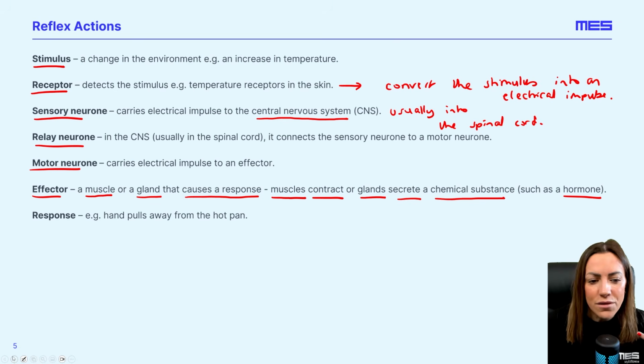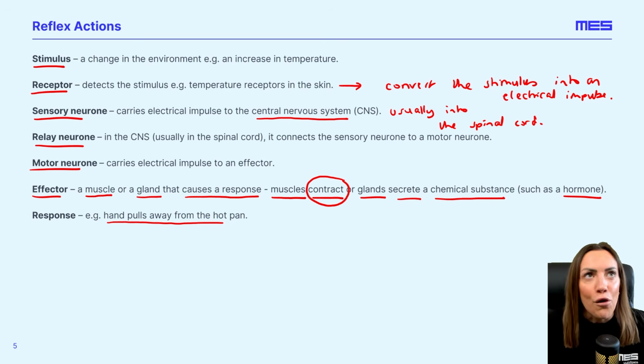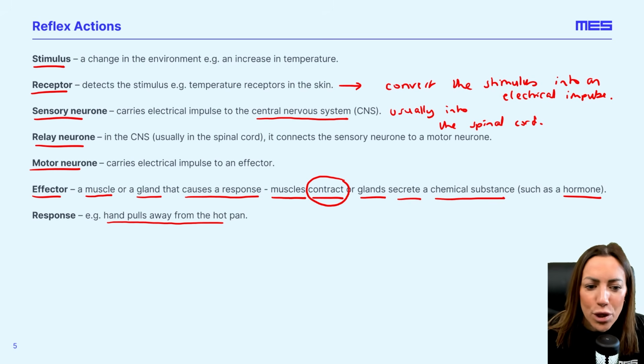Now, the response, if you're talking about a muscle, you must say the muscle contracts, and then you can say to move the hand away from the hot pan. Or the other example we've been talking about is the eye. The muscles in the iris can contract to reduce the size of your pupil, for example.